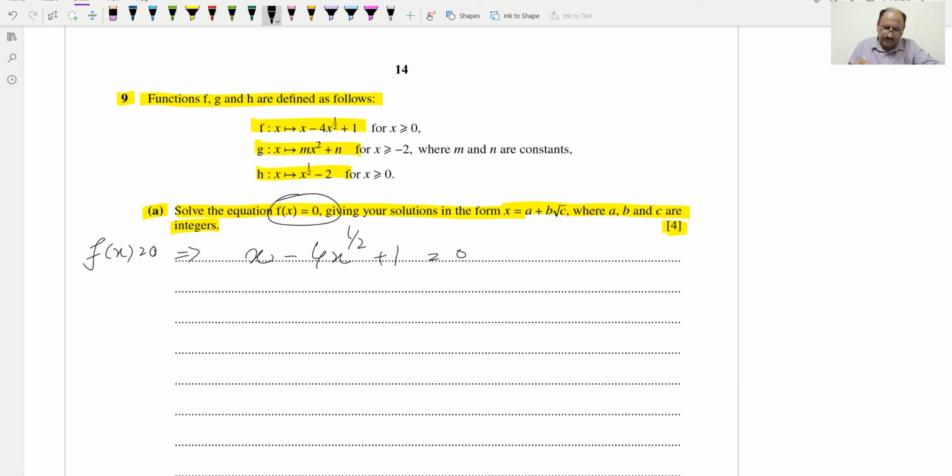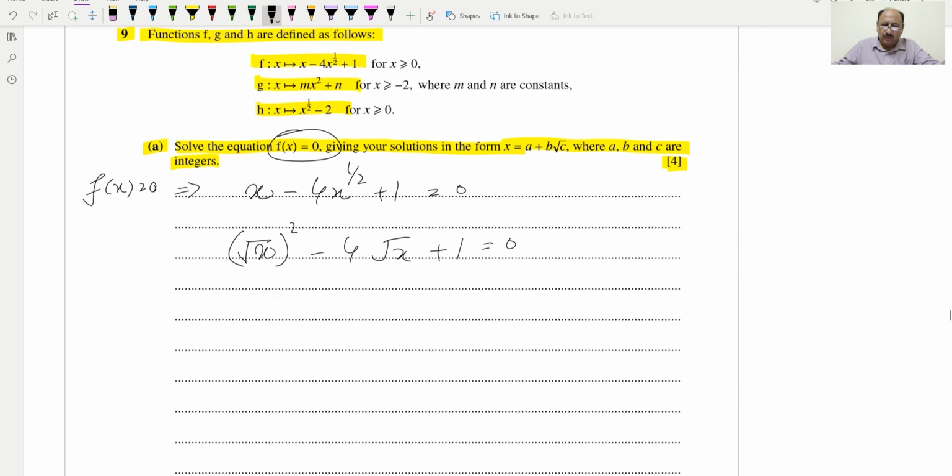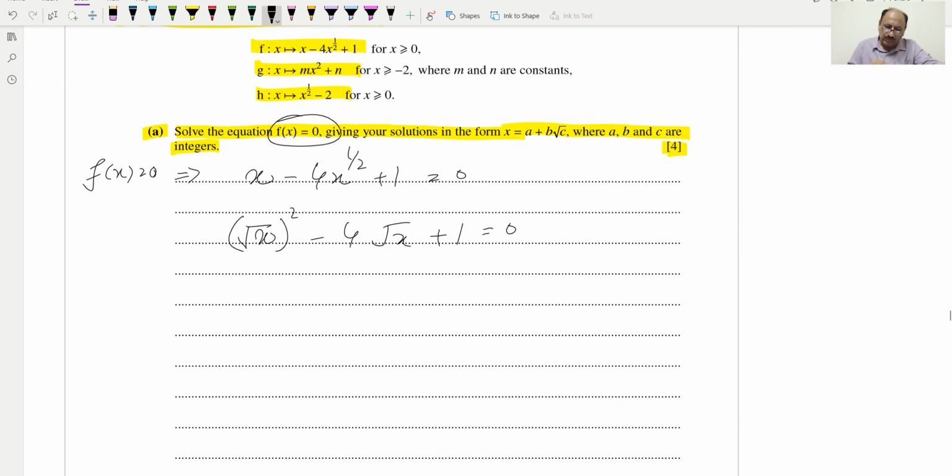Now we can rewrite it as root x squared minus 4 root x plus 1. So this is a quadratic equation in the form of root x. We can apply the quadratic formula: x is equal to minus b plus minus the root of b squared minus 4ac over 2a.